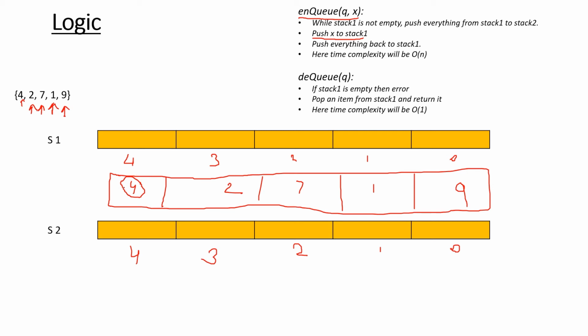So this is what the queue structure is about: the element which has been inserted into the queue first should get removed from the queue first. As we have inserted 4 here, 4 is the element getting removed. After that we inserted 2, and 2 will get removed if we do the pop operation on that stack. Similarly 7 will get removed, then 1, and then 9.